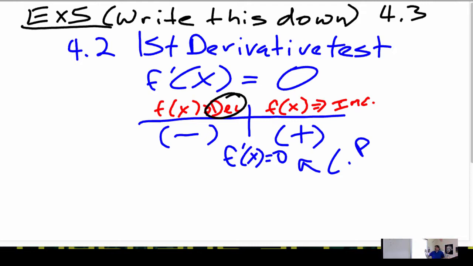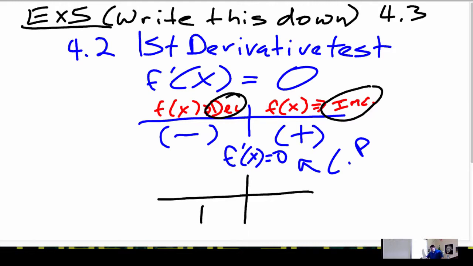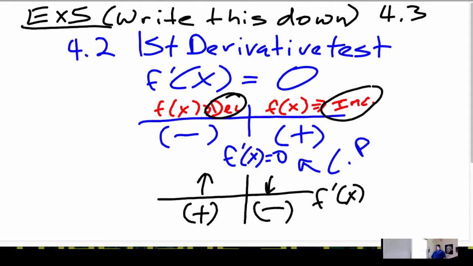If it was positive, then we would say it was increasing. And by the way, this could go 2 ways, right? I could have positive over here and negative over here, which meant that the function was increasing or decreasing based on the values of f prime. Okay? Little review, all right? Does that make sense? You guys remember all that?